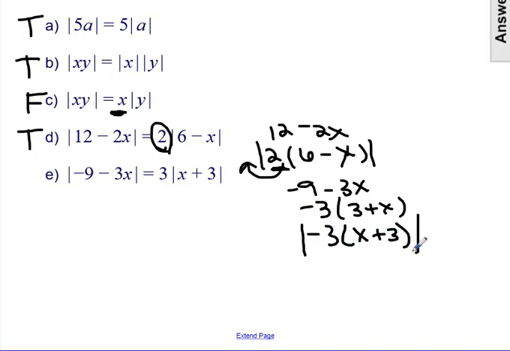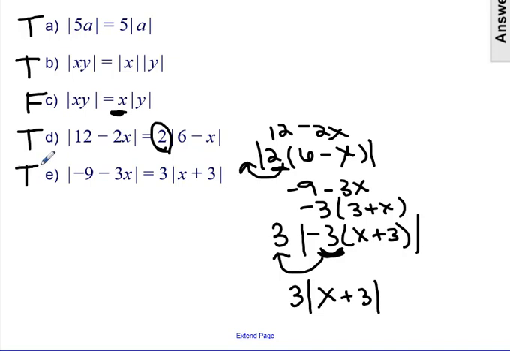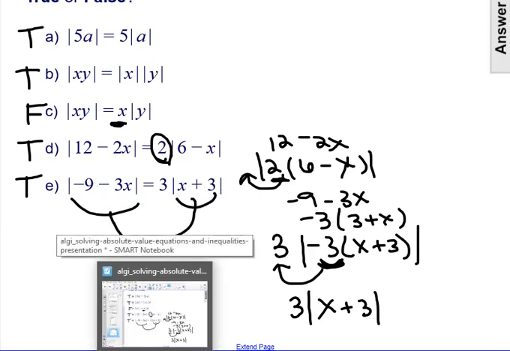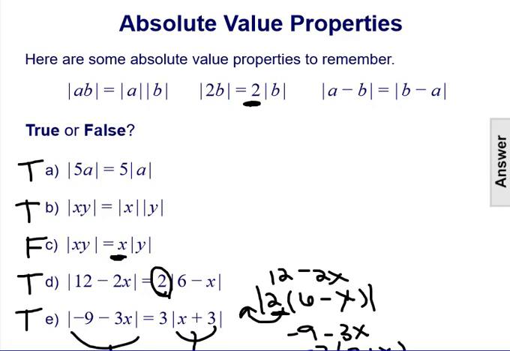And if I take their absolute value, I'm taking out a factor of negative 3, but the absolute value of negative 3 is positive 3, making my answer equivalent to 3 times the absolute value of x plus 3, which does match up with the right side. So E would be true as well. It's really just taking what you have on the left and trying to see if you can equal what's on the right using one of our properties.